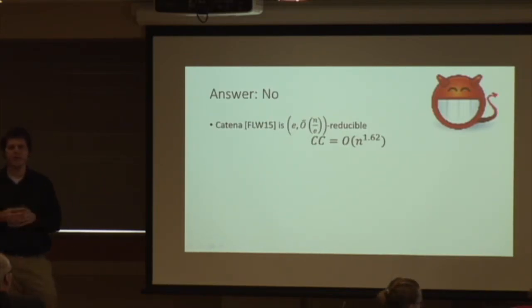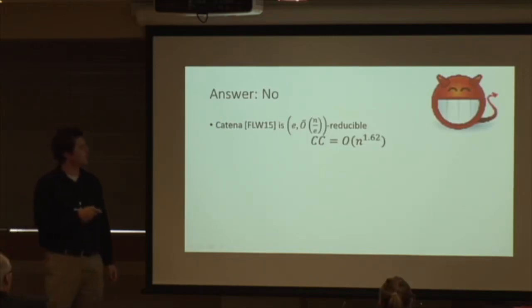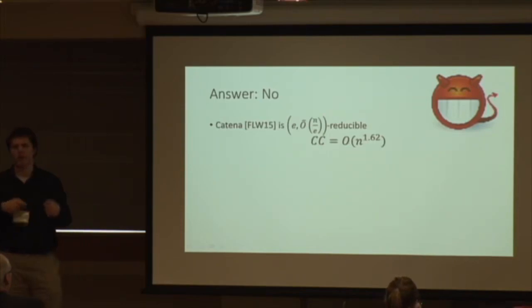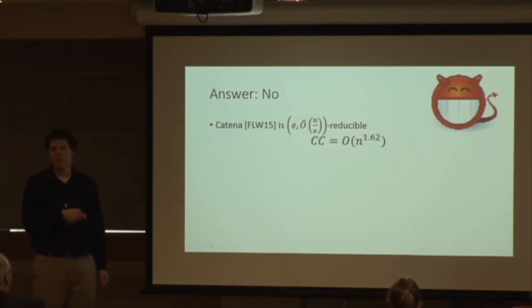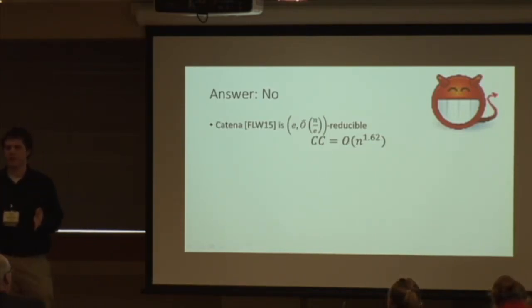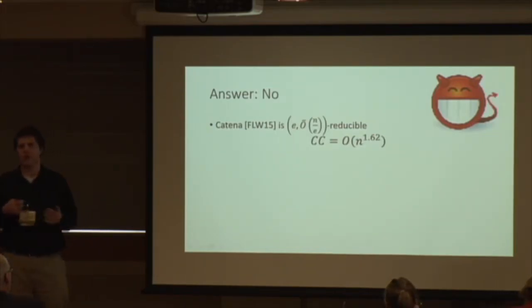And in every case, these graphs are depth reducible. In particular, Catena is depth reducible, and we can find a pebbling with cost n to the 1.62. The specific number there is not important, but notice that this is much smaller than n squared, which is the cost that we were hoping for.